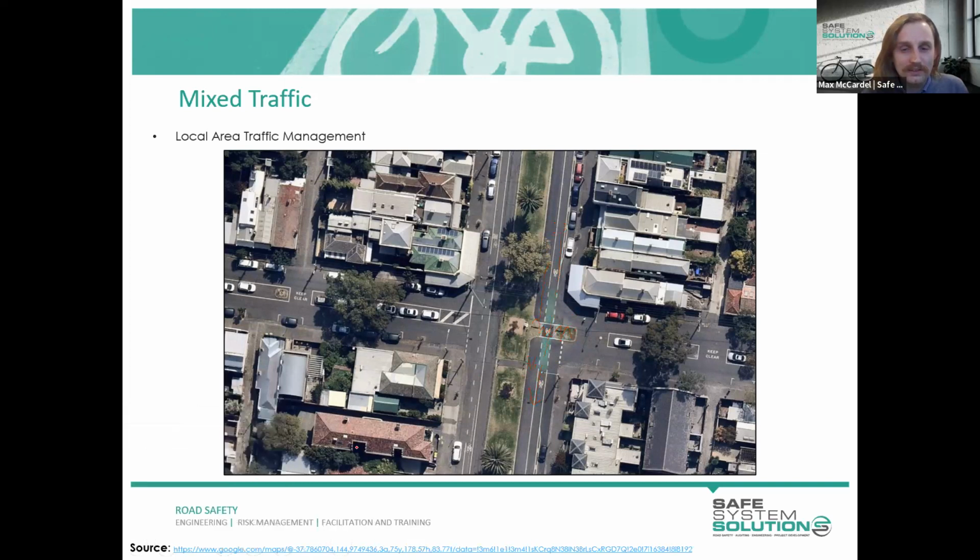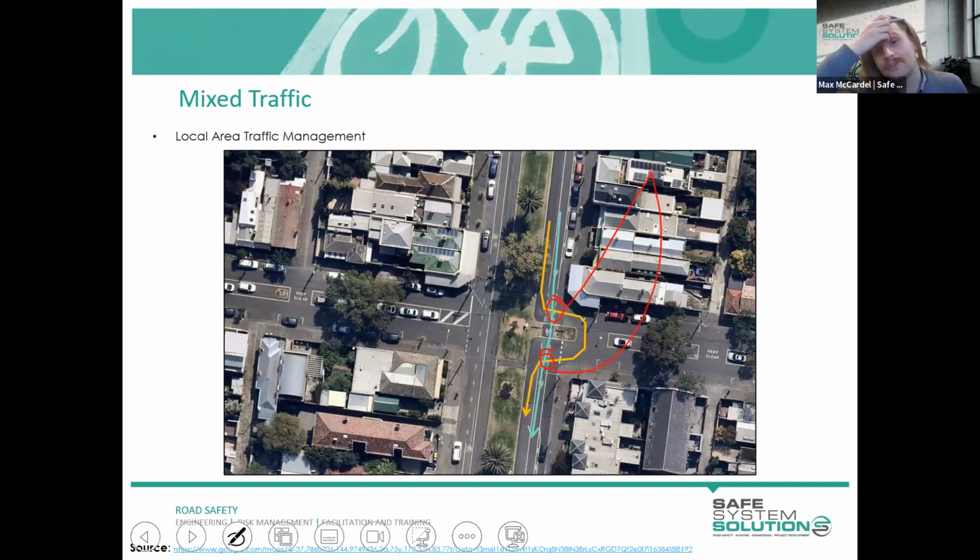What has been installed, this type of arrangement, whilst it seems good in principle, has actually introduced these two conflict points. So a motorist that just wants to travel through is now exposed to cyclists, and has to make sure that they're slowing down and giving way to cyclists and not interrupting their journey or going to collide with them twice.